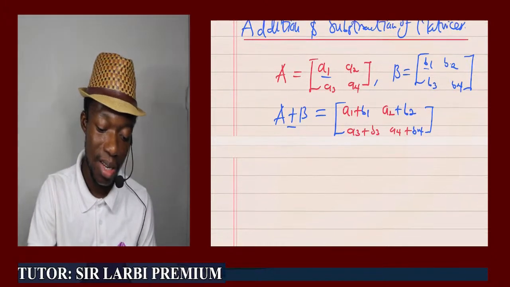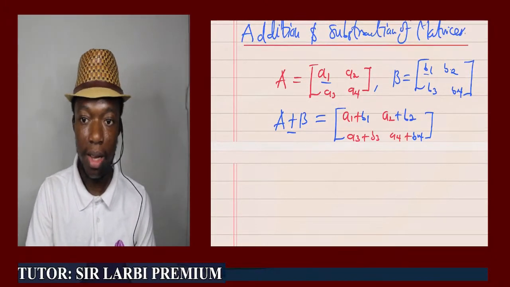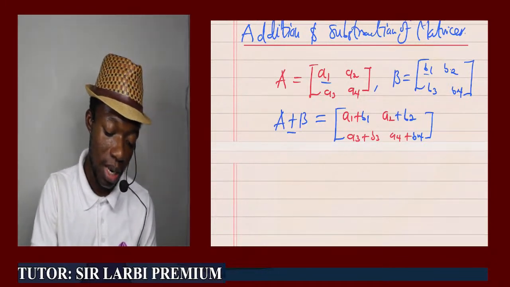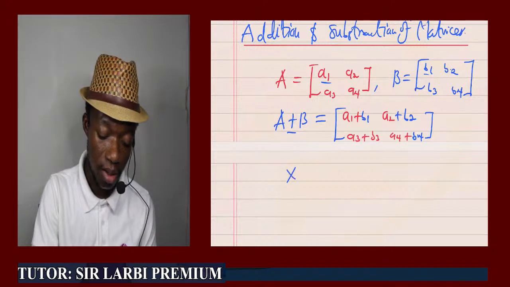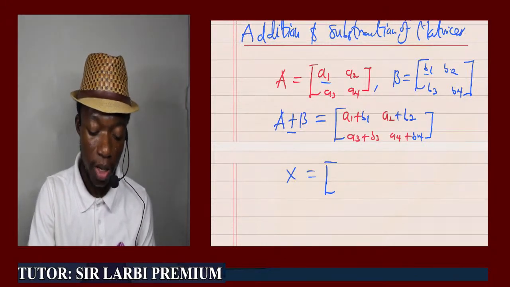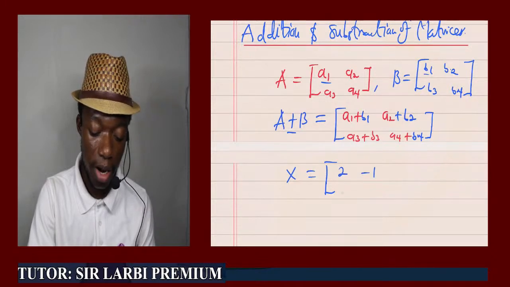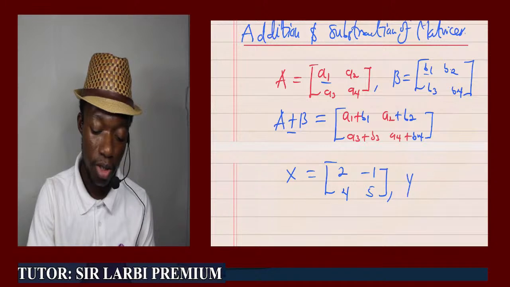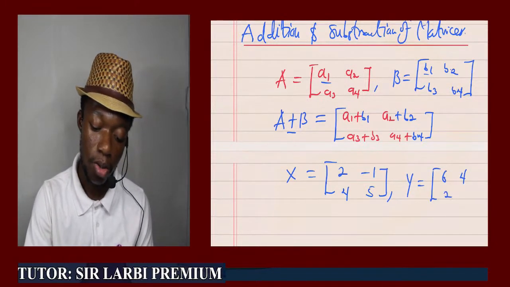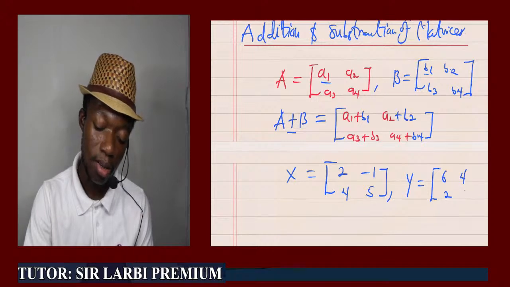So let's take an example to clearly explain what we are trying to say generally here. Let's say I have matrix X. Matrix X is equal to, in a 2 by 2 matrix form, 2, negative 1, 4, 5. And then matrix Y is equal to 6, 4, 2, 3.